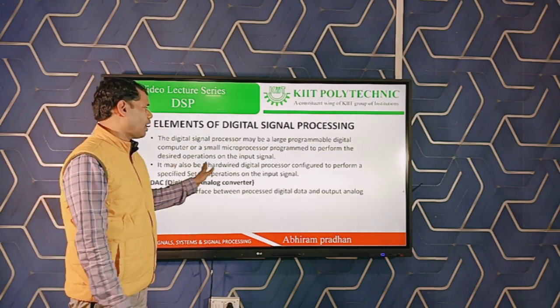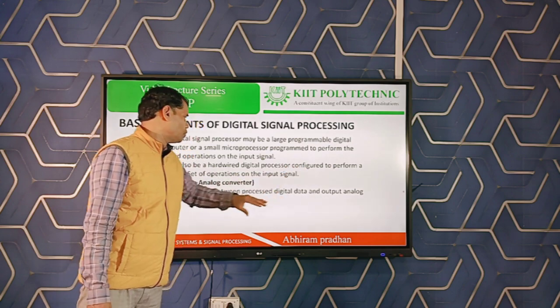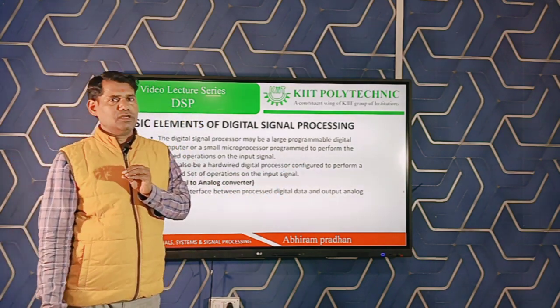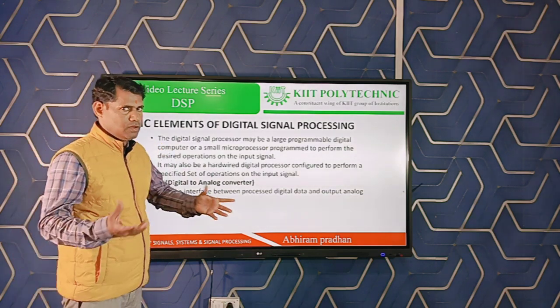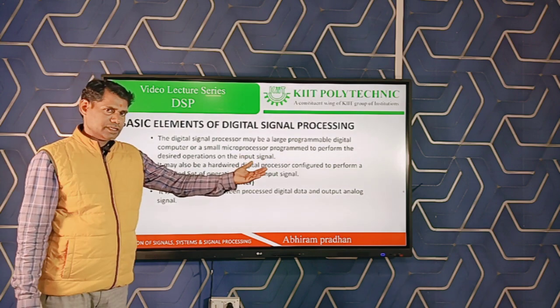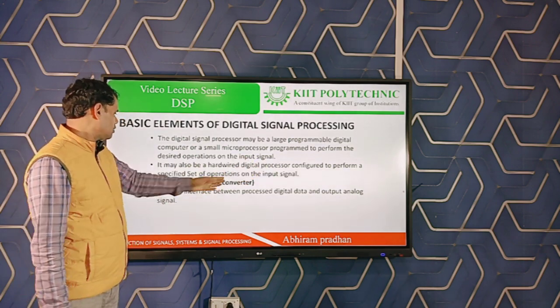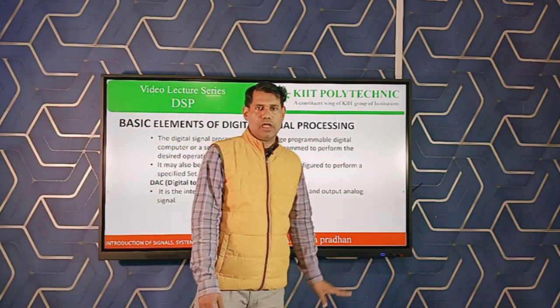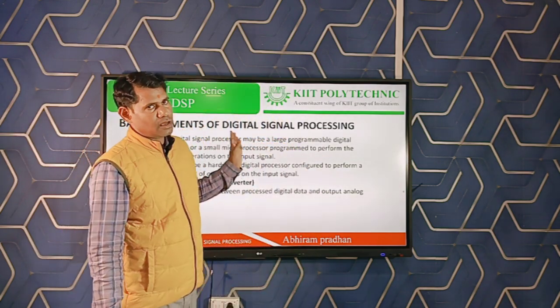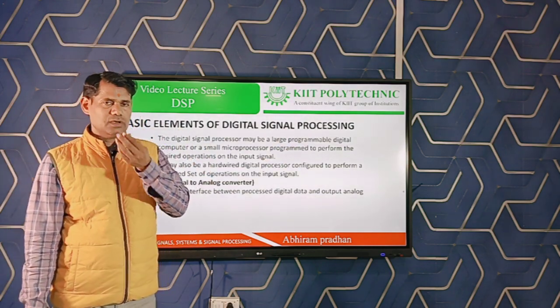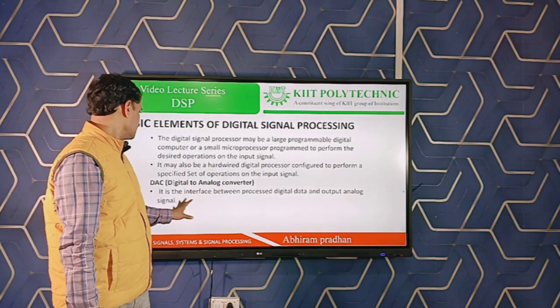It may also be a hardware digital processor configured to perform a specified set of operations, which we call a microcontroller in a comfortable way. Last is the DAC, the digital to analog converter. It is the interface between the processed digital data and the output analog data. The DAC takes input from the processor and gives the analog output.